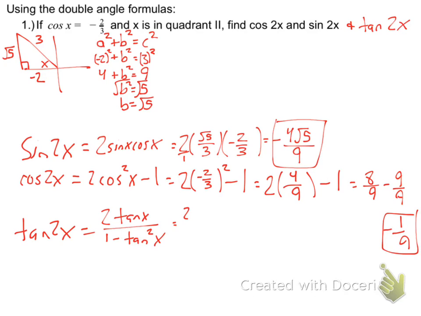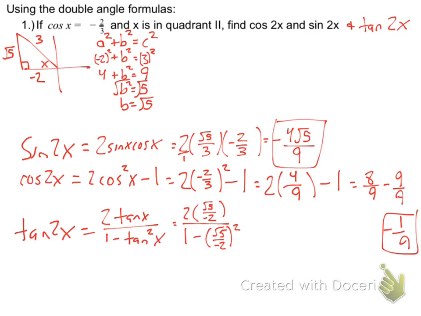So it's 2 times some ratio, over 1 minus a ratio squared. What is the tangent of x? Opposite over adjacent, so it's square root of 5 over negative 2.